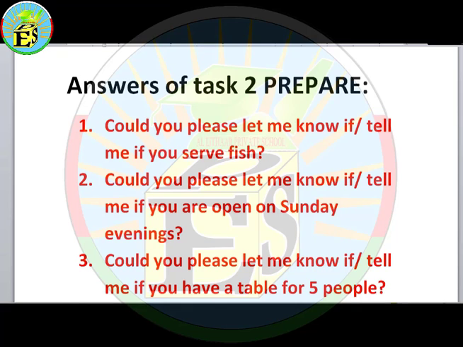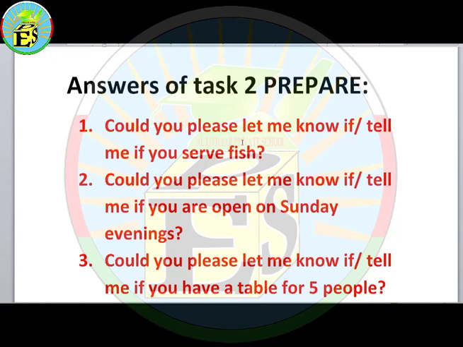Now I would like you to open your notebooks and try to write these answers for task number 2, prepare. And this is how we write a request. As I told you, we have 5 different pieces of information. We were asked to write a request for all of these 5.